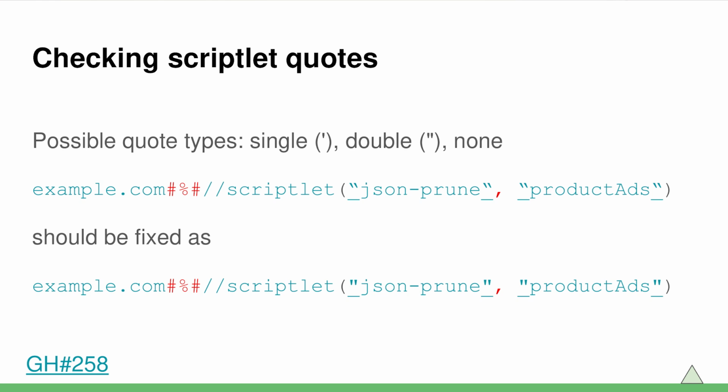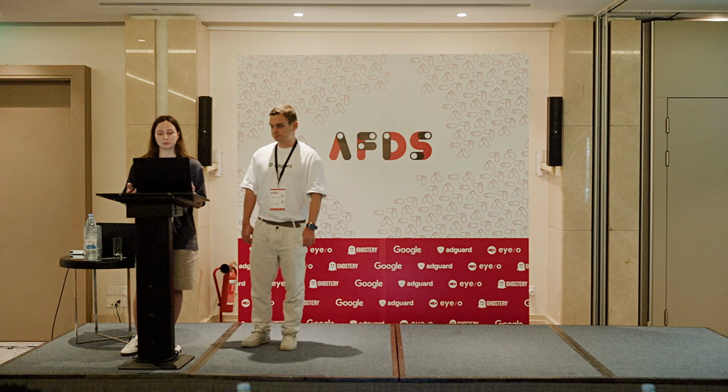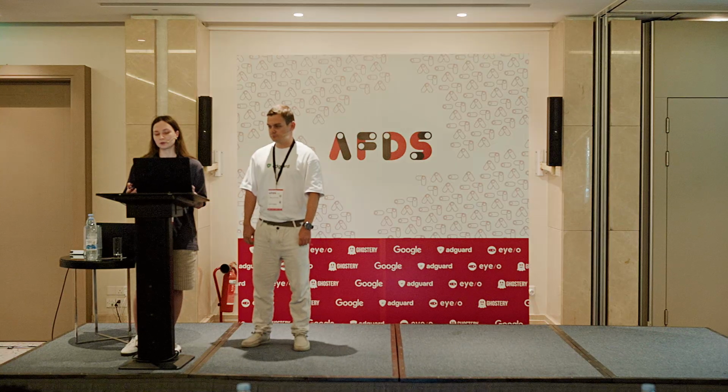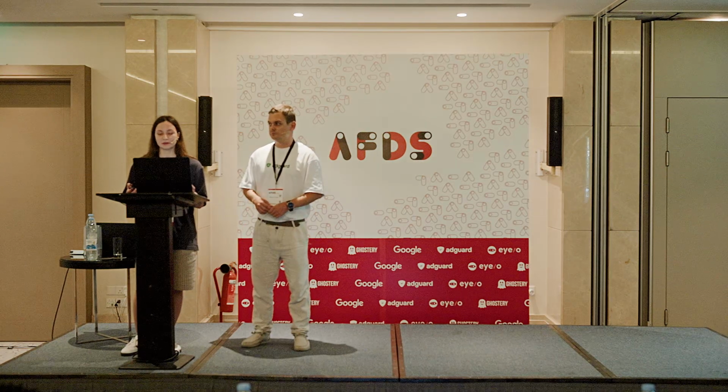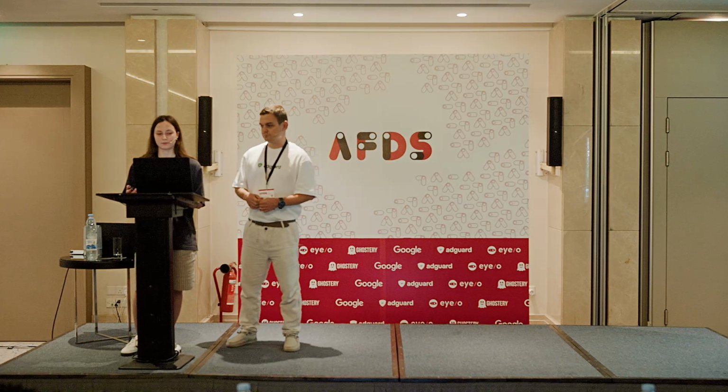It's a scriptlet name and a scriptlet argument. The corrected version replaces them with straight double quotes, and the rule works as expected. This type of fix is safe because it doesn't change the meaning of the rule. It only replaces curly quotes with straight ones. Curly quotes are never valid, so autofix can always correct them without risk of breaking the rule.